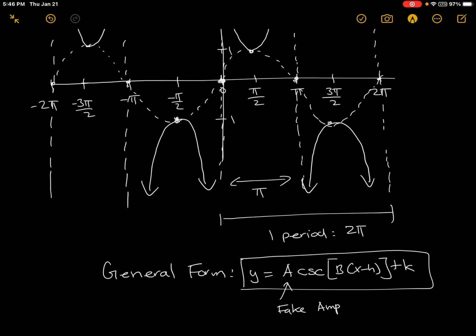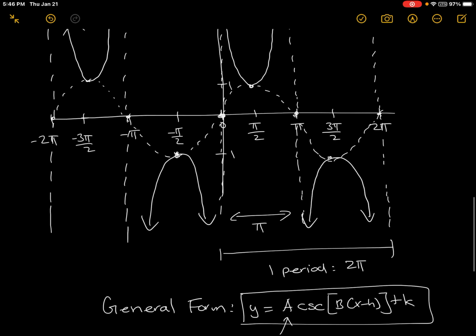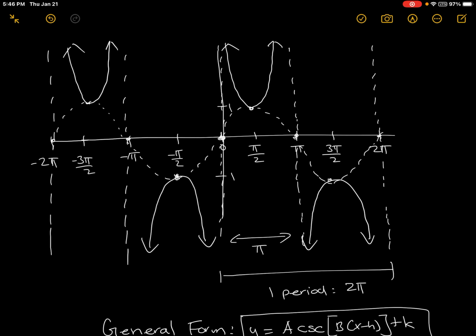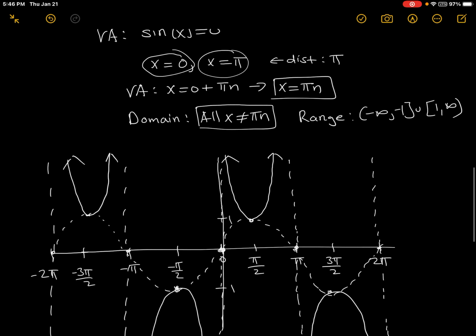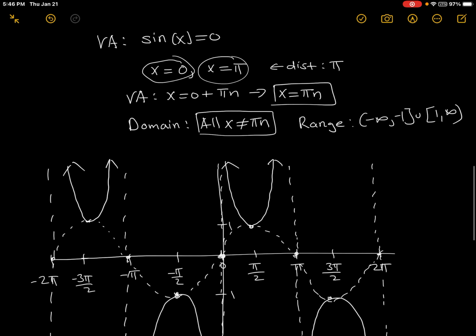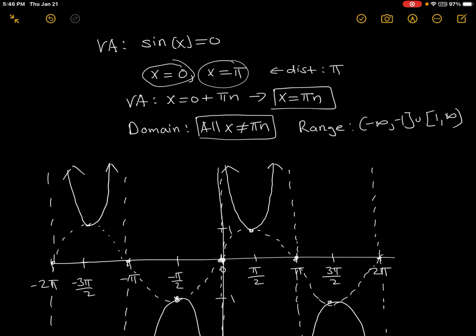It's not a real thing, because you're never going to be asked to find the amplitude of a cosecant function. It just doesn't exist. But basically, if you see this a, it will be applied to your sine function or your cosine function, but it's not a real amplitude because you can see your parabola just goes on forever. All right, so that's it for your secant and your cosecant parent functions. I will go over some examples of these in class with you.